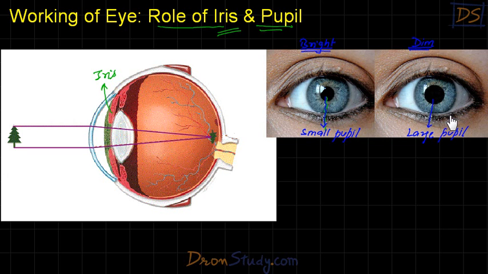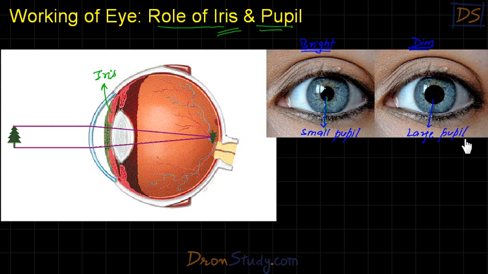If we are sitting at a very bright place, maybe outside on a very sunny day, or in a room with a lot of lights, it means the pupil is small. But if you are at a dark place, maybe at night or in a cinema hall, it means the pupil is large.